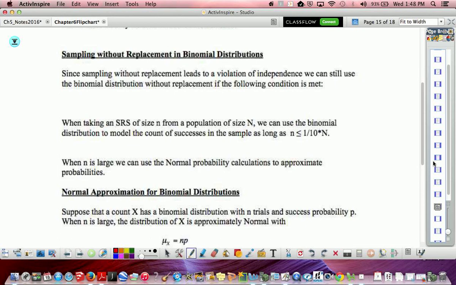Because of that, it has very little to no impact on your final answer. So one way we can check for independence, especially when we're sampling without replacement, is to check: is the population that we're sampling from greater than or equal to 10 times our sample?